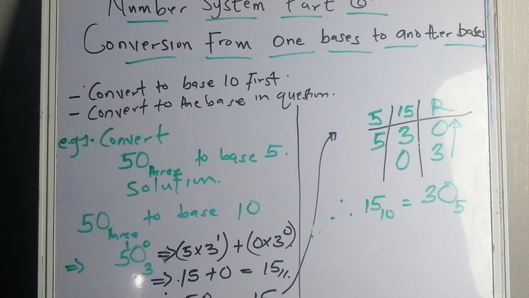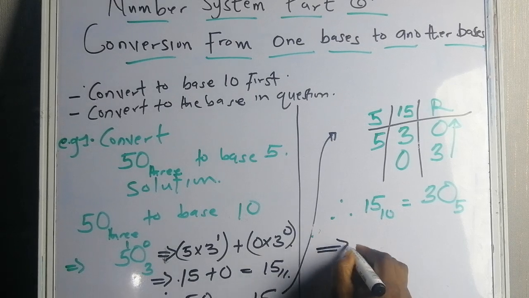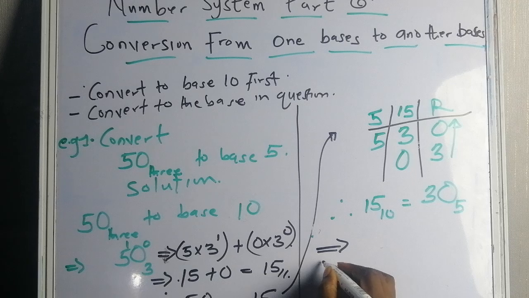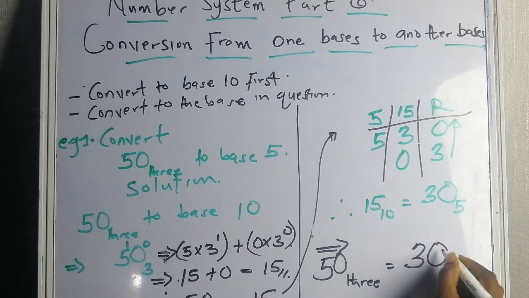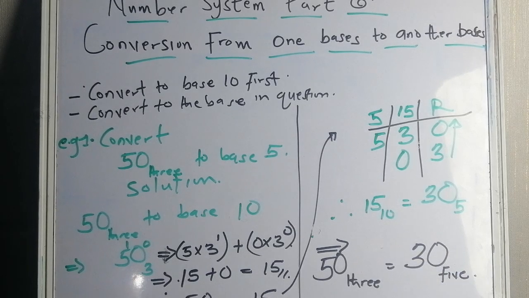So you can see that from the question, that implies that 50 in base 3 is equal to 30 in base 5. So that's the condition. Conclusion, 50 in base 3 is equal to 30 in base 5.